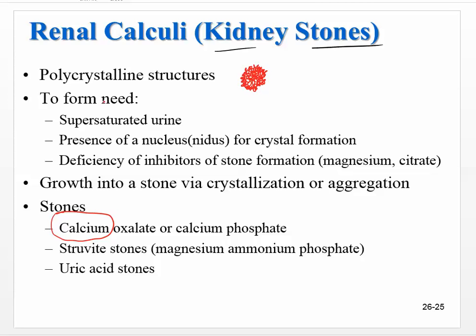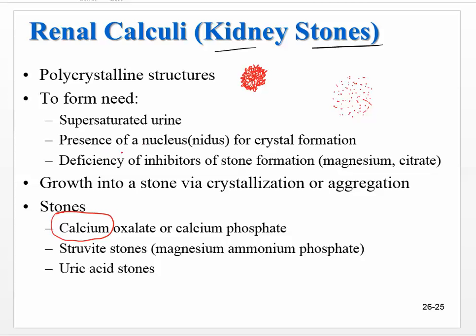Okay, but in order for that to happen, you need a supersaturated urine. So that means that you have to have these particles in it at such a high concentration that they don't stay dissolved. Okay, so they're supersaturated. This could happen like if you're boiling salt water and you boil out all the water, then after a little while all the salt that was dissolved will start sticking together.